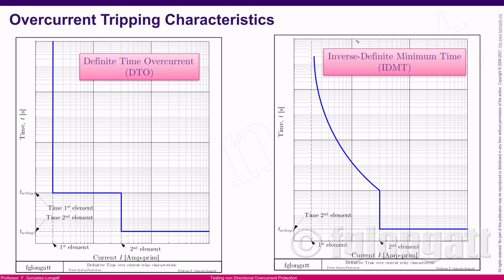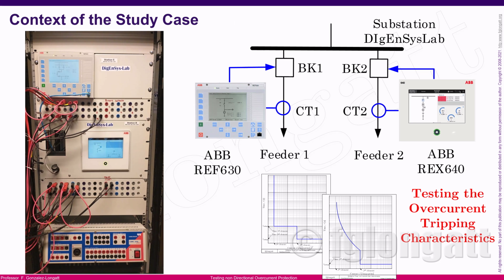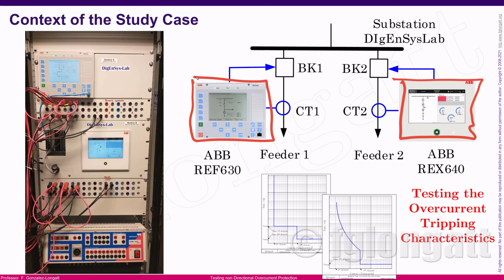I am explaining this because my plan is that we configure the DNC substation. We are configuring the DNC lab substation, including those two beautiful ABB relays. We have here the 640, and on the left-hand side, we have the 630.